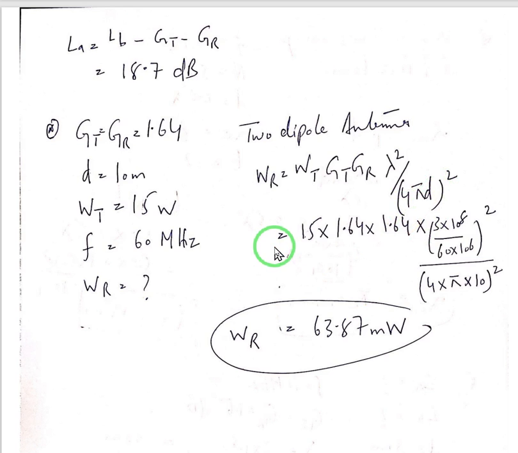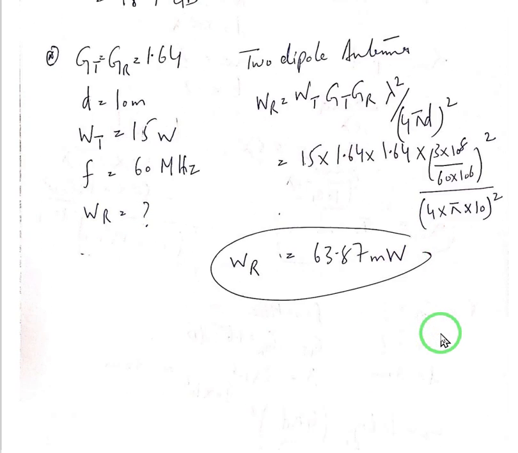We have to put in the values, that is Wt which is given as 15, Gt is 1.64, Gr is 1.64, lambda square is C, that is 3 into 10 to the power 8 divided by 60 megahertz, whole square, divided by 4 multiplied by pi multiplied by d, that is 10 meters, whole square. If we solve all of this, it will give us receive power that is very small, which is 63.87 milliwatts. This is very little power.